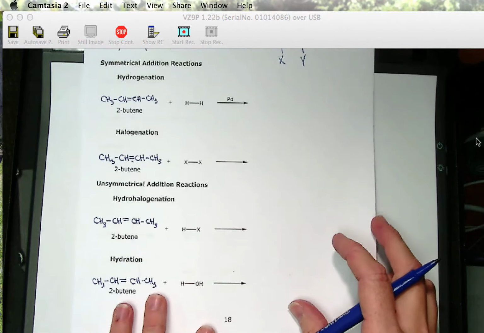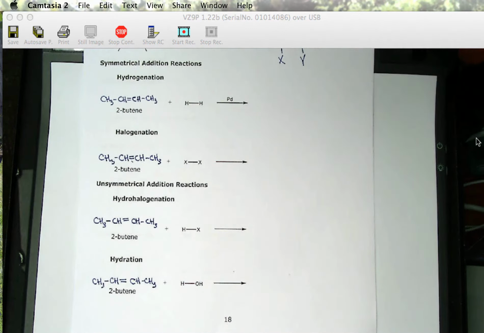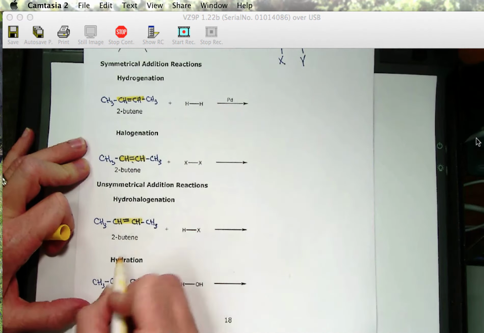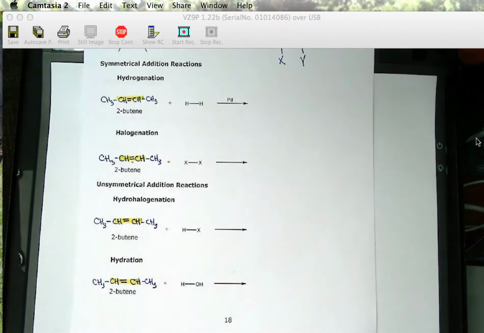So we're going to learn 4 types of addition reactions, and I don't want you to get too wound up about this. If you keep it simple, you will always get these right. Remember what changes in an addition reaction: the double bond goes to a single bond. In every one of your 2-butene molecules, this double bond is going to go away. Even right now, you could probably complete these reactions.